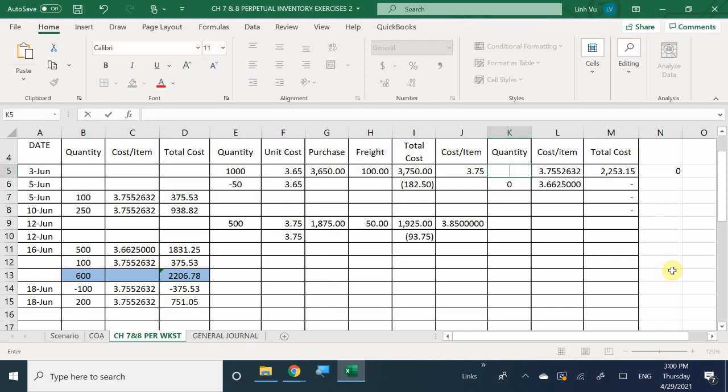Wait, let me double check. I have 600. I thought we minused the 100 underneath on June 18th. We didn't minus, we added it back. And on our cost of goods sold, we need to subtract it out because we didn't really sell those 100 items. We're returning it. Did you subtract it out?